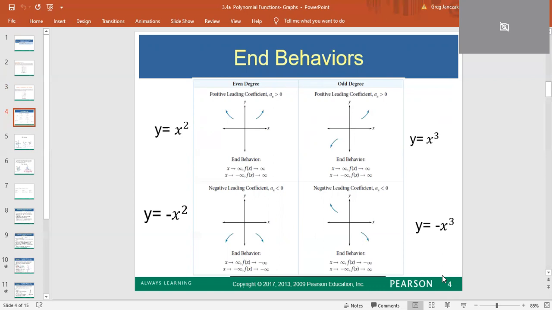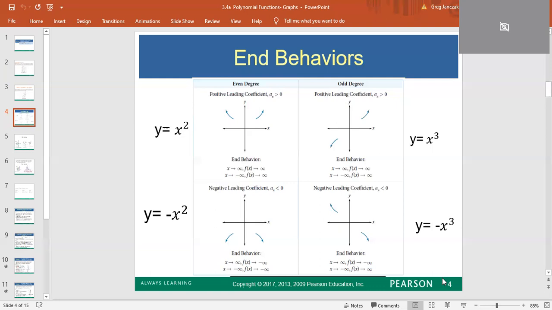In other words, it's going to do different things in between. It may go down and then up and then back down again. But at the end, it's going to go up to the left and up to the right when x squared is positive. So this is an even function, and its coefficient, the leading term, is positive.